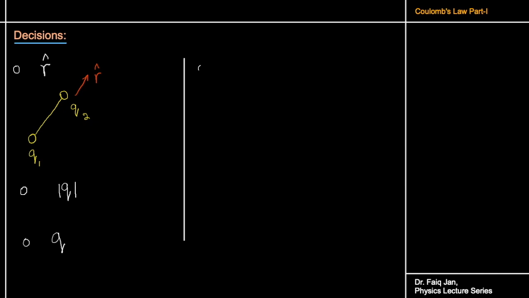As electrostatic force is mutually interactive, the force exerted on charge Q2 by charge Q1 is represented by F21 and can be read as force on 2 by 1.